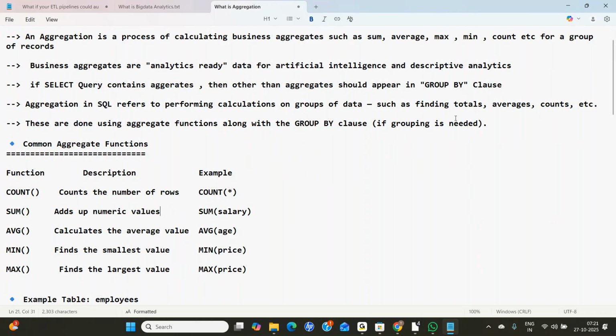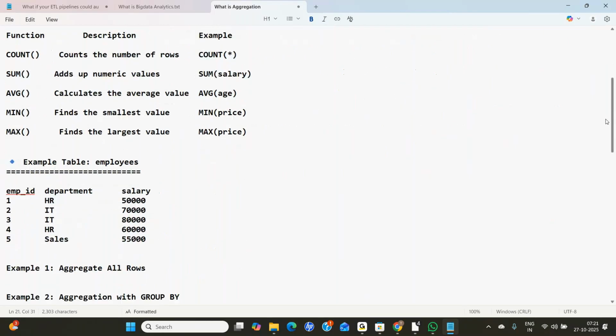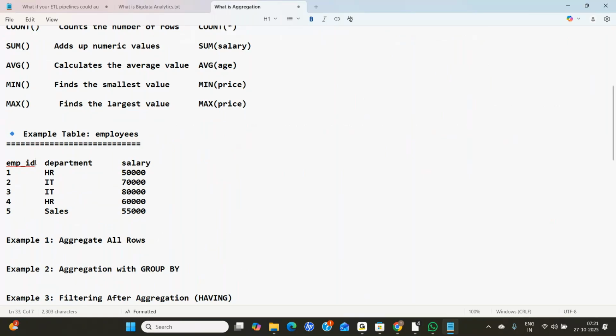Based on that, take a simple example: employee ID, department, and salary. If you consider the employee IDs, departments and salaries, now you can find aggregates for all the rows.